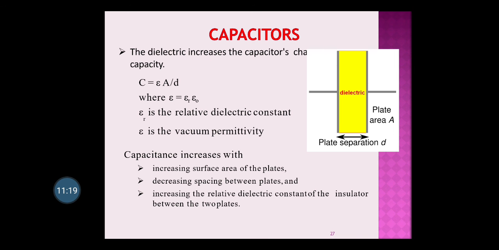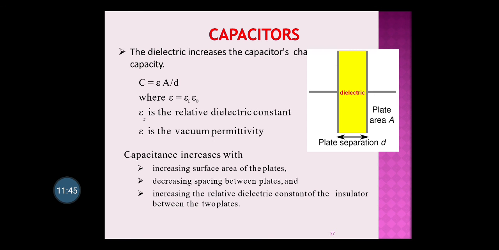Now the general formula of the capacitor is shown here. C is equal to epsilon A upon D. Now what are epsilon, A and D? A is the area of the conducting plates, that is the 2 plates on the 2 sides of the capacitor.